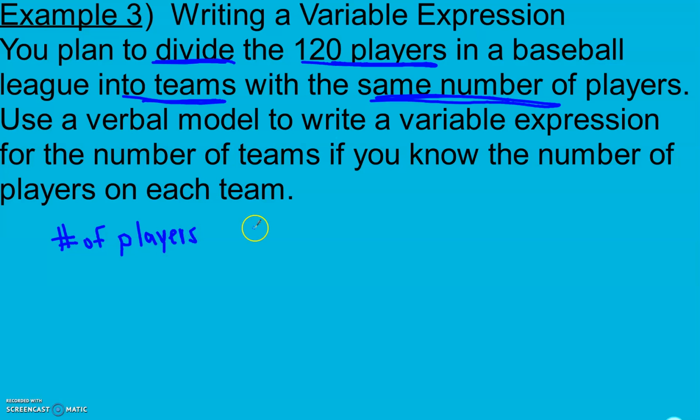Then it said divide, and we're looking for the number of teams. So this is the number of players in the league divided by the number of players on a team. And that'll tell us the number of teams.